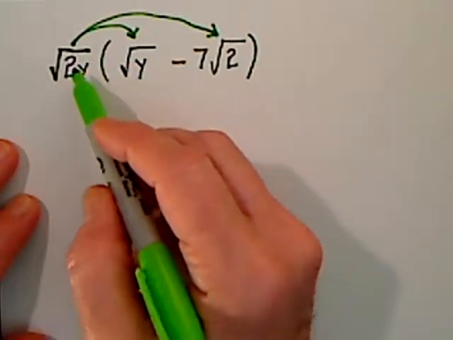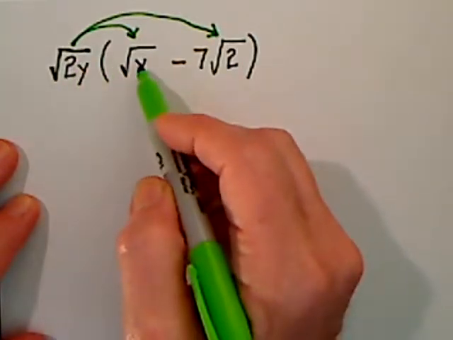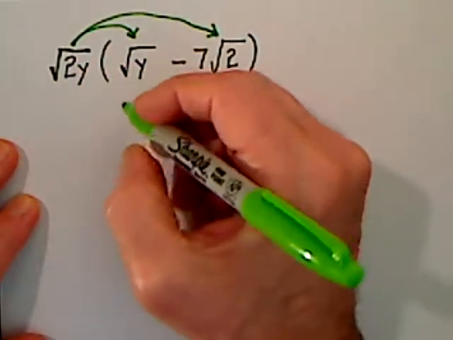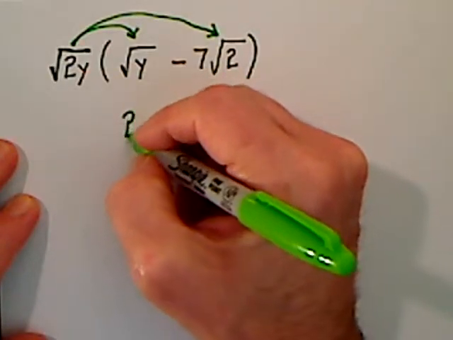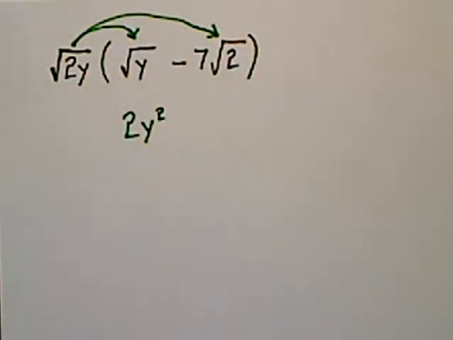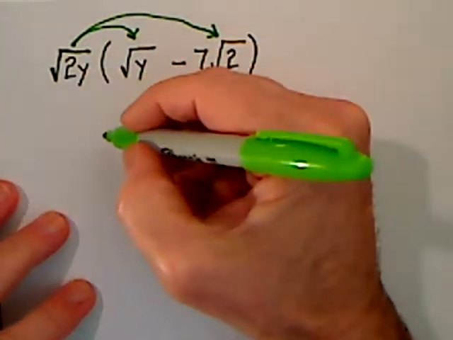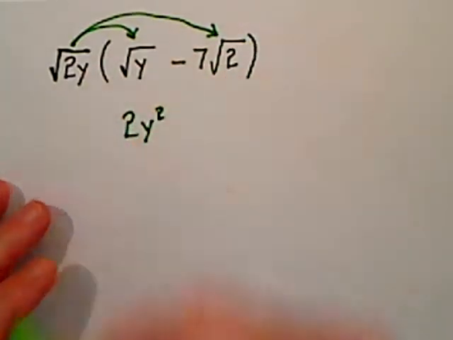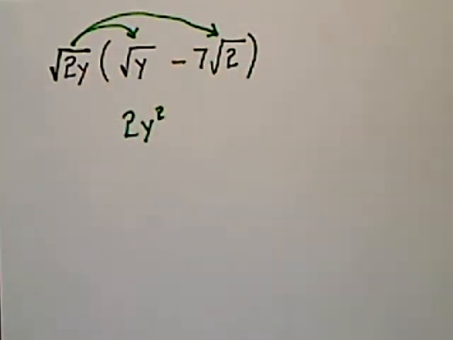Okay, so 2y times y gives us 2y squared. And keep in mind, this is all still under the radical sign.